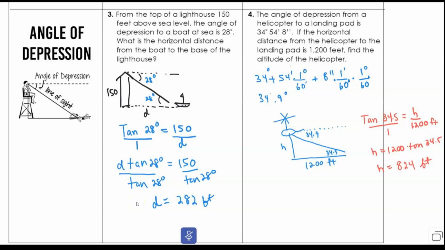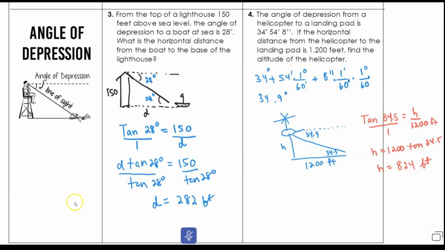It says the angle of depression from a helicopter to a landing pad is 34 degrees, 54 minutes, and 8 seconds. If the horizontal distance from the helicopter to the landing pad is 1,200 feet, find the altitude of the helicopter. So I have to first convert it to a decimal degree. So as you can see, I did that there.